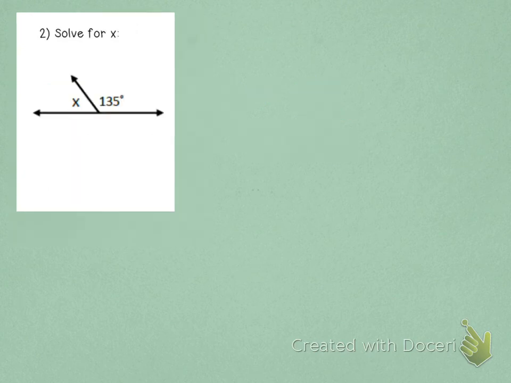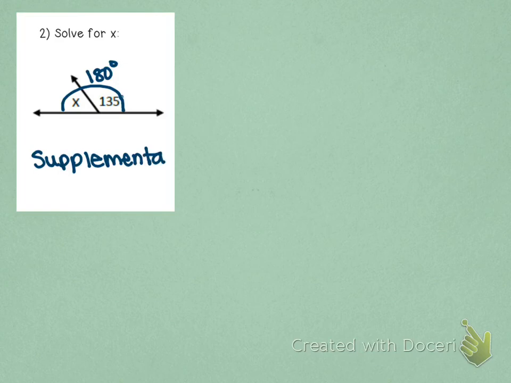And then here we have a straight line, which means that both of these are 180 degrees, which is also known as a supplementary angle. A supplementary angle means two angles whose sum is 180 degrees.